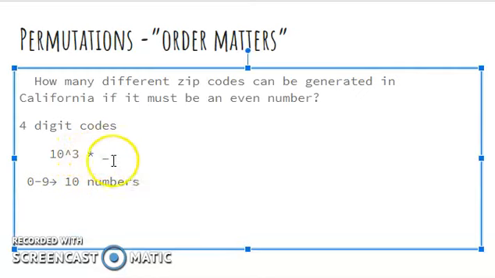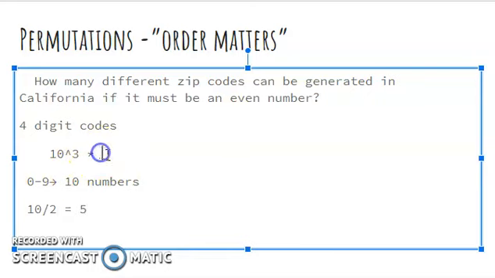And we multiply this by the count for the last digit, which needs to be an even number, since we need our whole zip code to be an even number. So how many even numbers are within 0 to 9? Well, that's basically half, so half of 10, 10 divided by 2 equals 5.